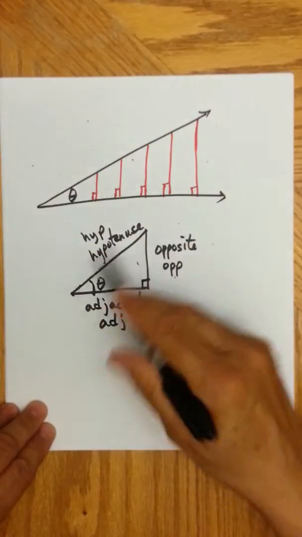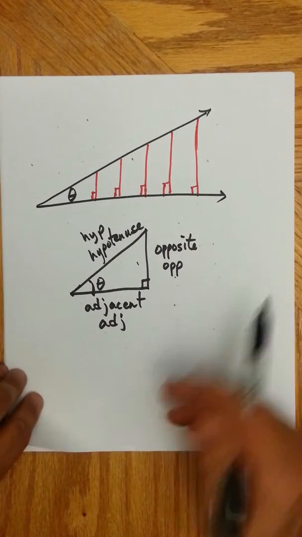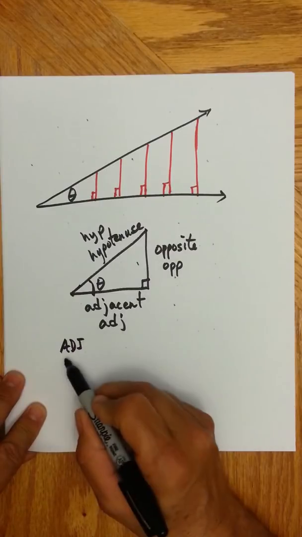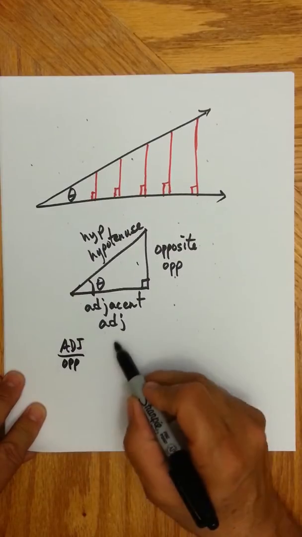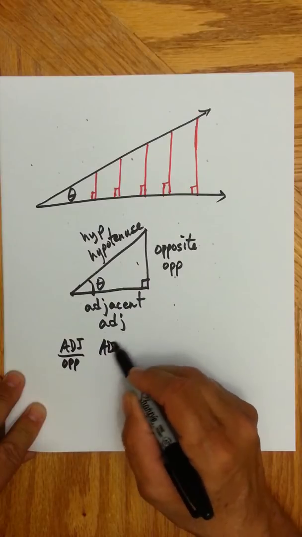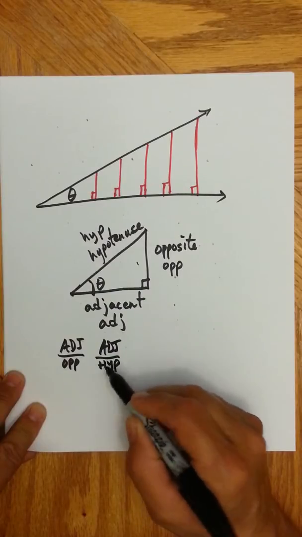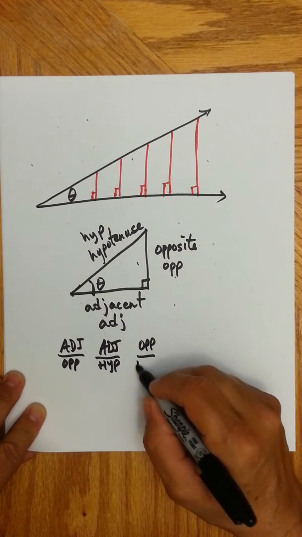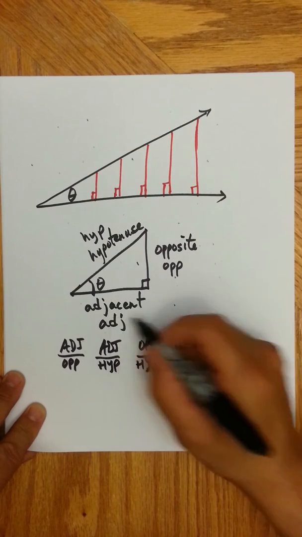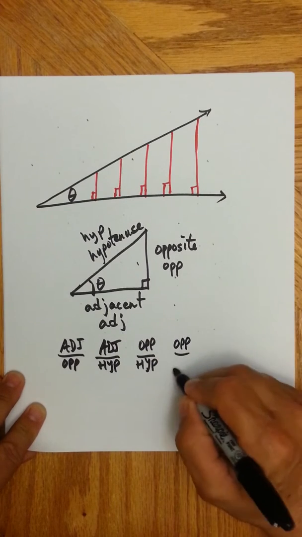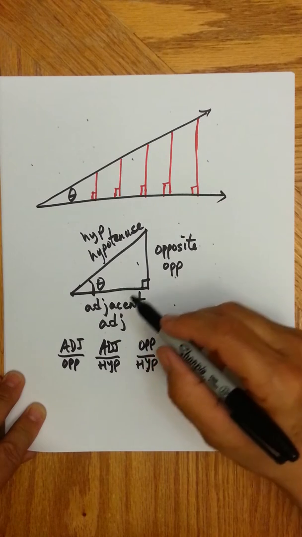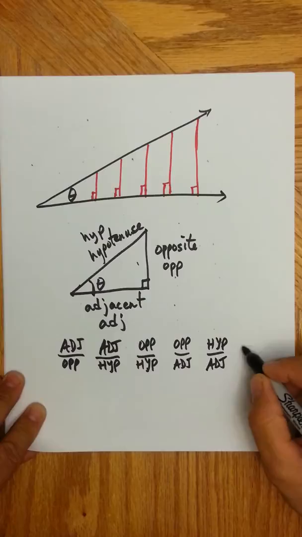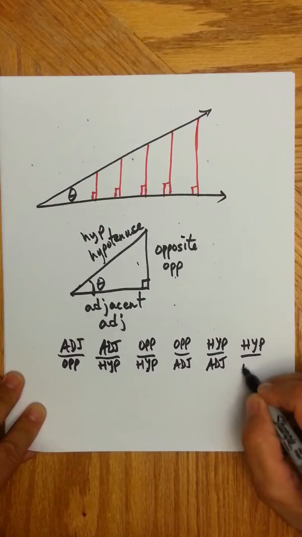Well, we could have adjacent to opposite, or adjacent to hypotenuse, or opposite to hypotenuse, or opposite to adjacent, or hypotenuse to adjacent, or hypotenuse to opposite.